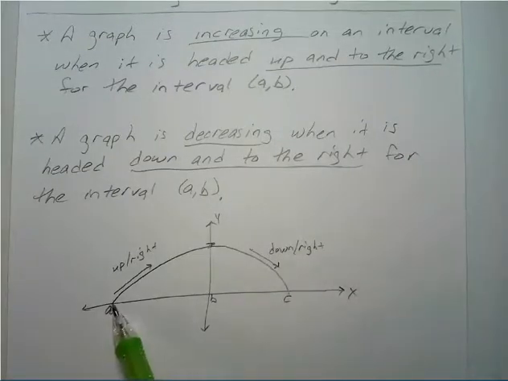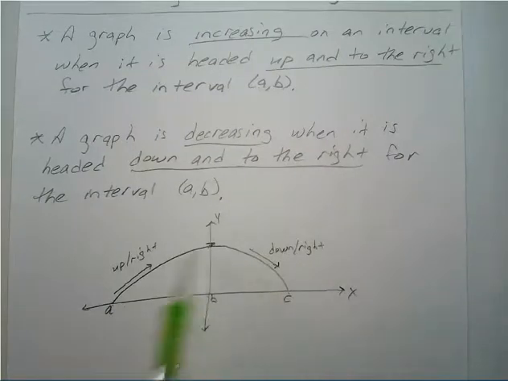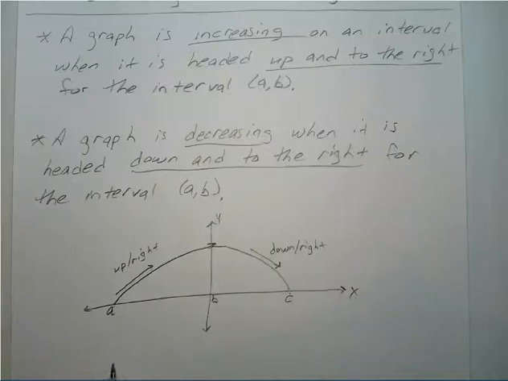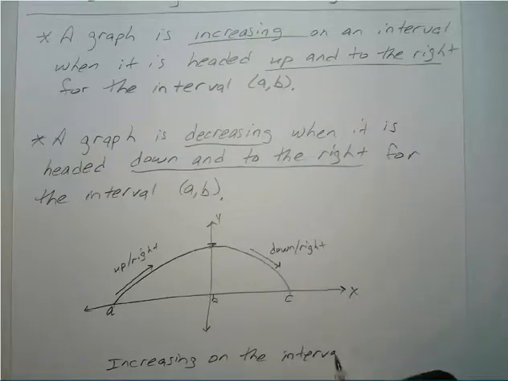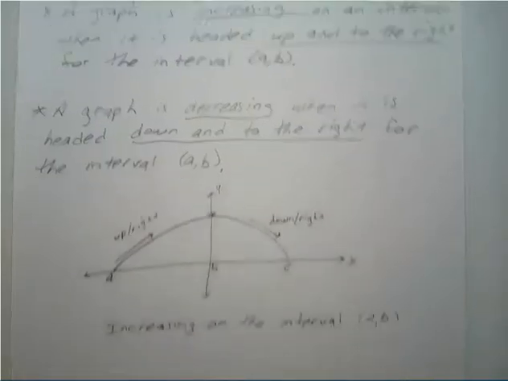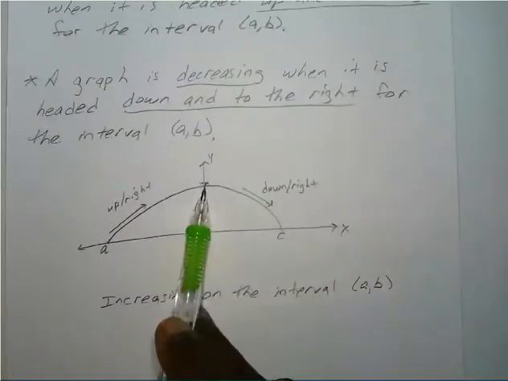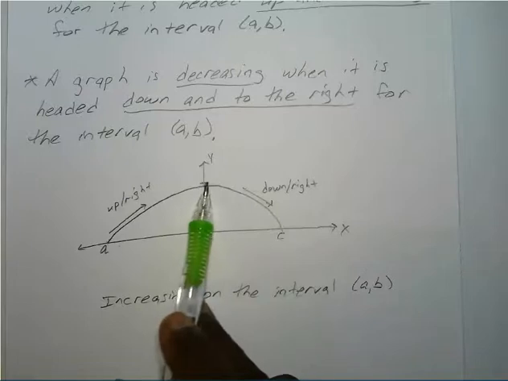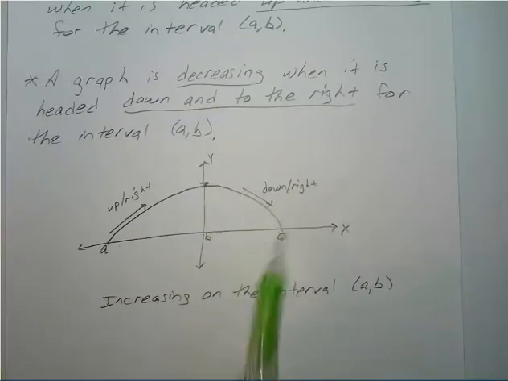Okay, so we see that from A to B, x equals A to B, it's increasing on the interval from A to B. But we can also see that where that slope is 0, now it's decreasing.